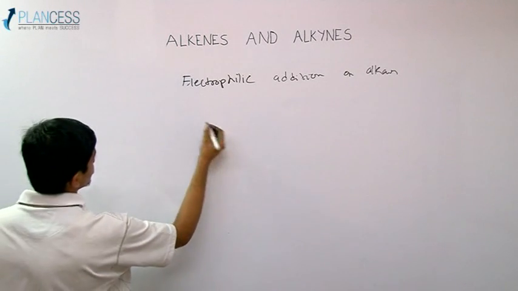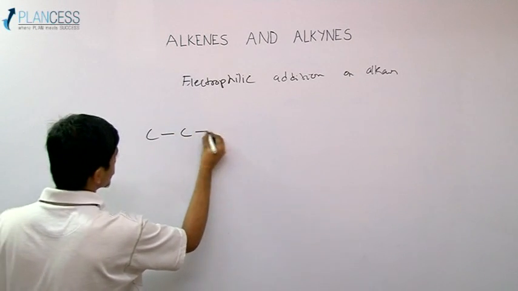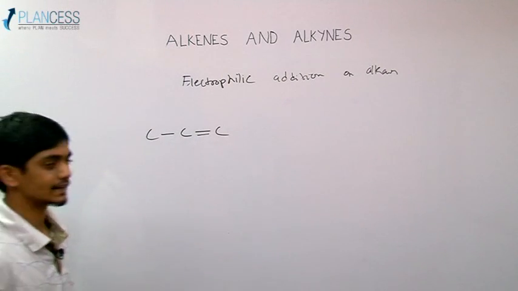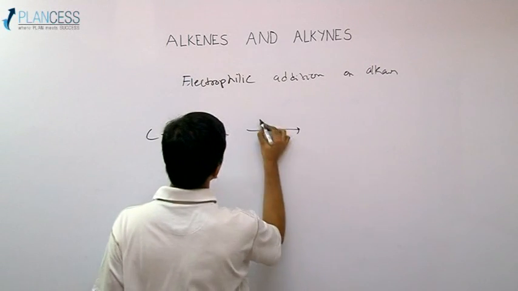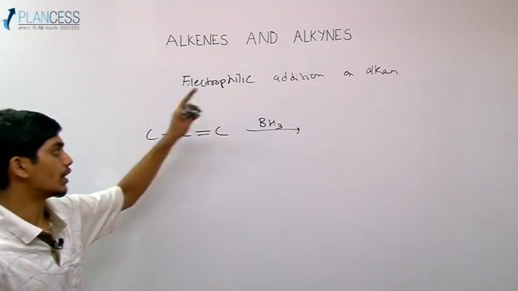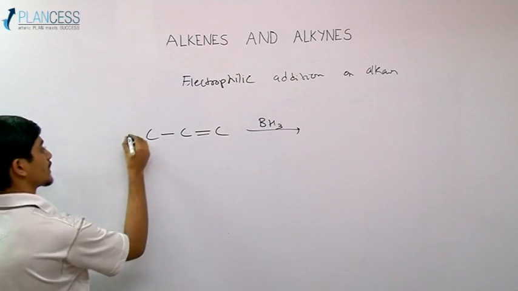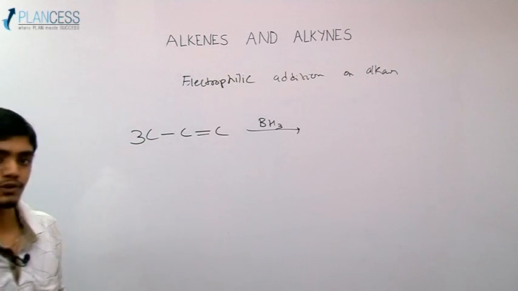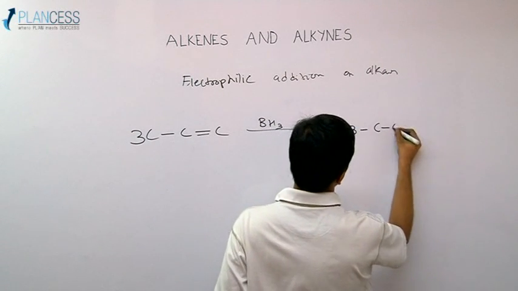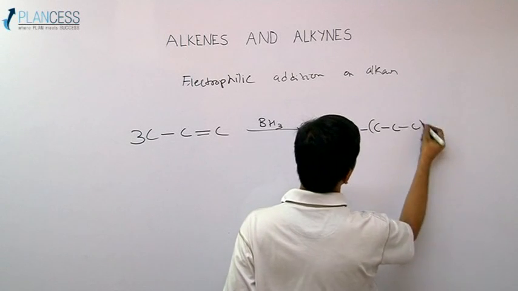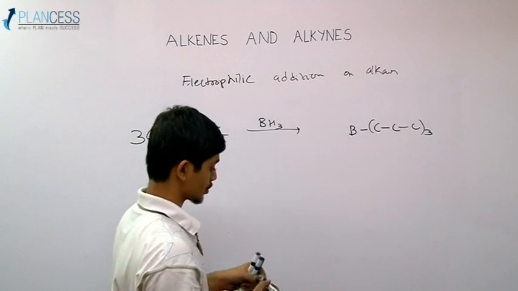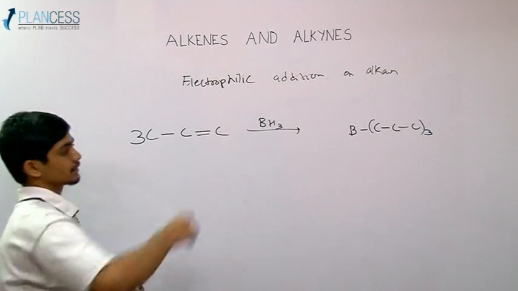The thing is, if you take something like this, 1-propene, this is our alkene, and you treat it with BH3, then what happens is all these three hydrogens are replaced by three molecules of propene in this way, B, C, C thrice. That is, this double bond is broken and you get something like that.